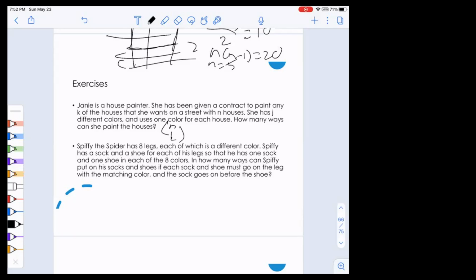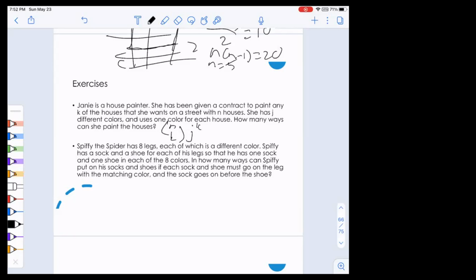That means there are j to the power of k ways to choose colors once the houses have been chosen. So we just do this. For each of the n choose k ways to choose the houses, Janie has j to the power of k ways to paint. So that's the answer for the first one. It's a fairly simple equation.